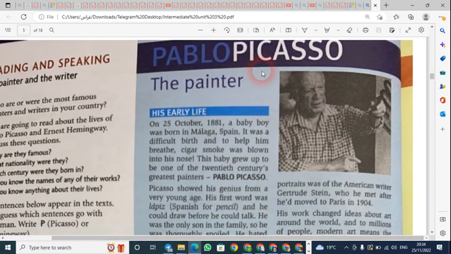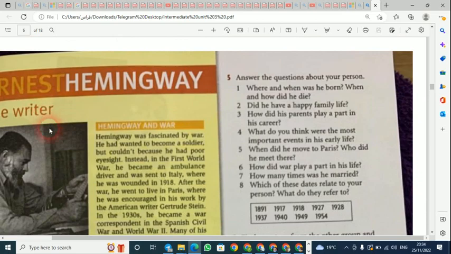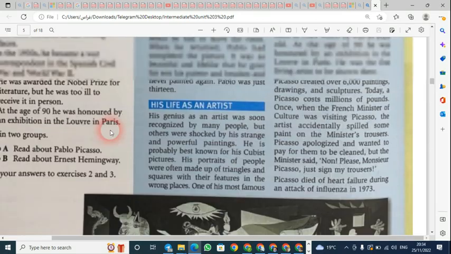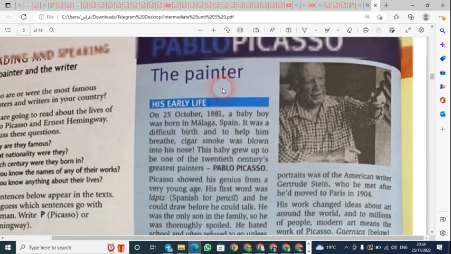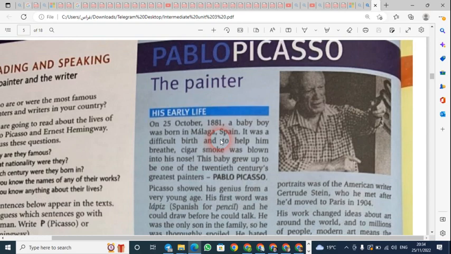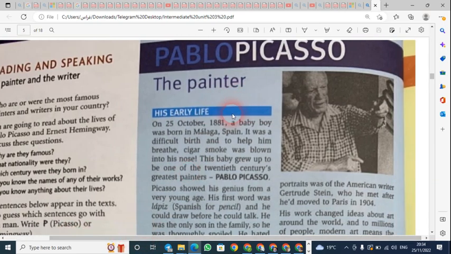One is about Pablo Picasso, the painter, and the other is about Ernest Hemingway, the writer. I will read the passage for you. I want you to pay attention to instances of passive and tell me where they are. We will discuss that during the lecture. I will only read the passage for you so that you learn the correct pronunciation of the words.